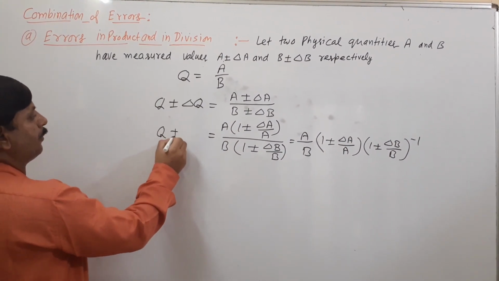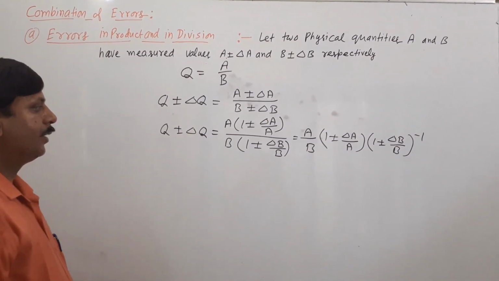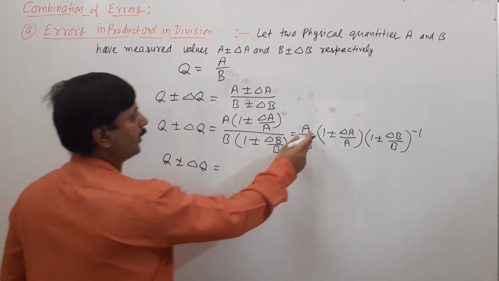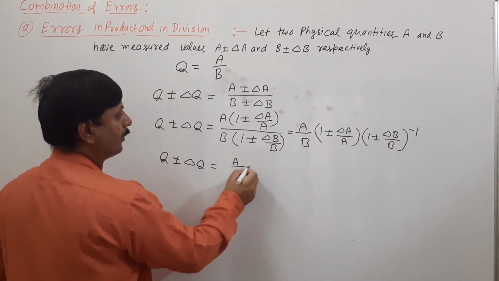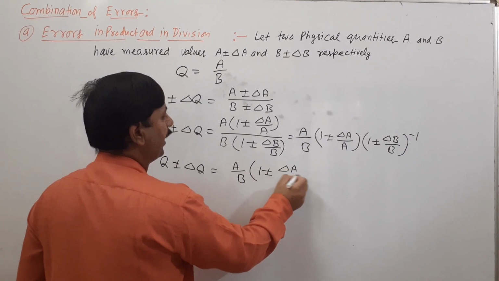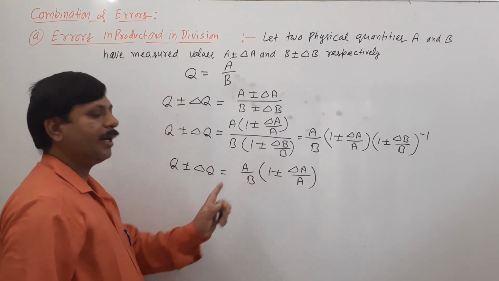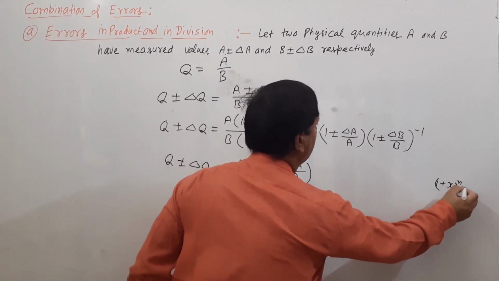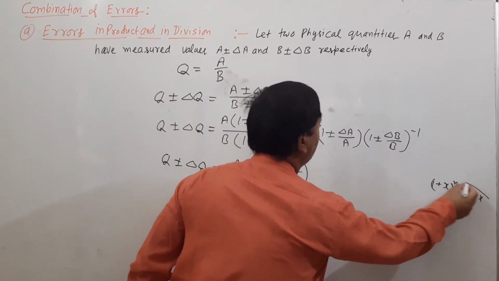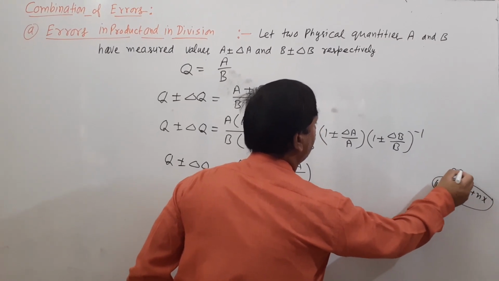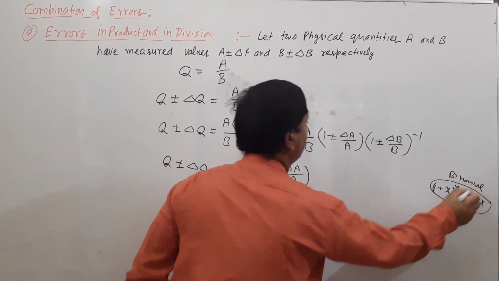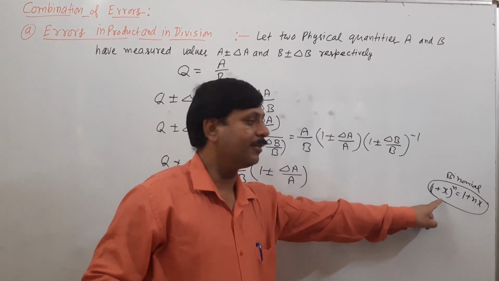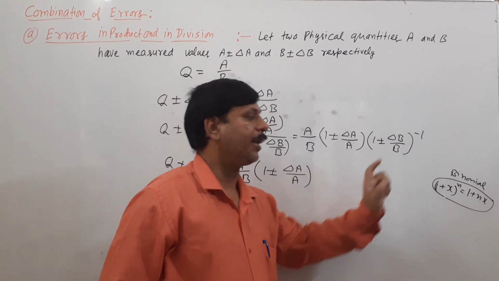This is Q plus minus del Q. In the binomial theorem, which you will study in mathematics, if x is small, 1 plus x power n is equal to 1 plus nx. If x is small, n is multiplied by x.